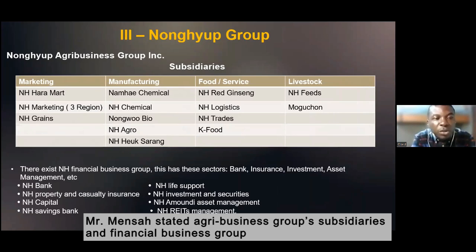And we move on to, aside from these entities, the financial business group, whereby they are into various sub-entities, or organizations: NH Bank, the property and casualty insurance, NH Capital, the savings and loan, the life support, and the rest.